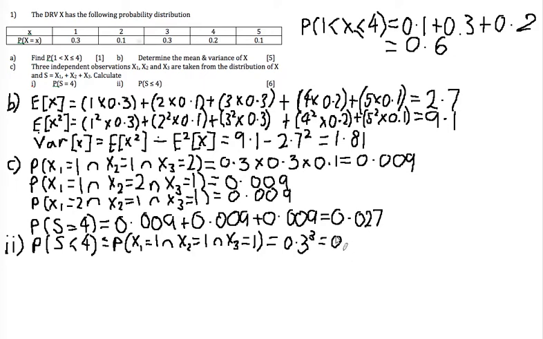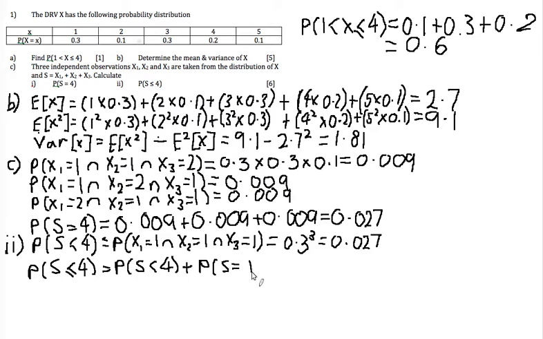And when you actually evaluate that, 0.027. So when we have the probability s is less than or equal to 4, what this is actually going to be is the probability that s is less than 4 plus the probability that s is equal to 4.